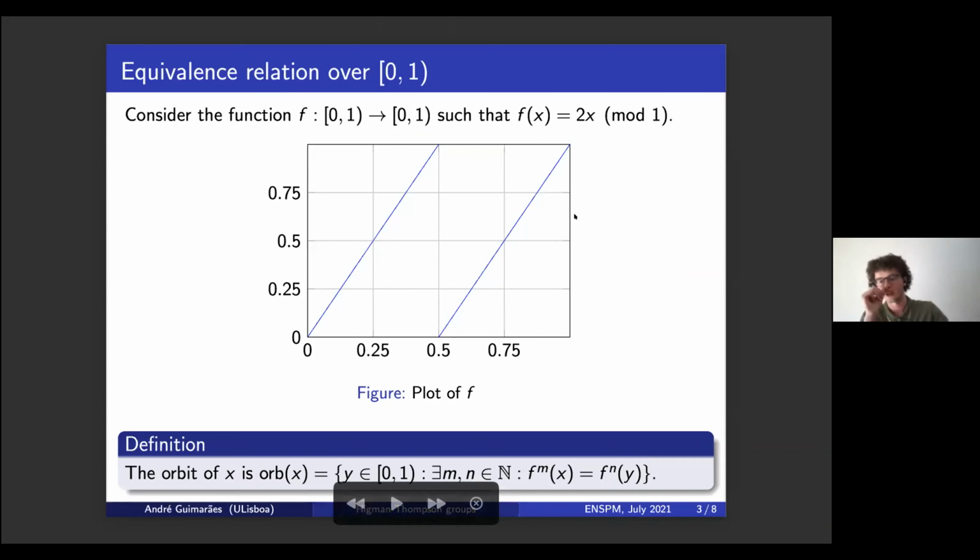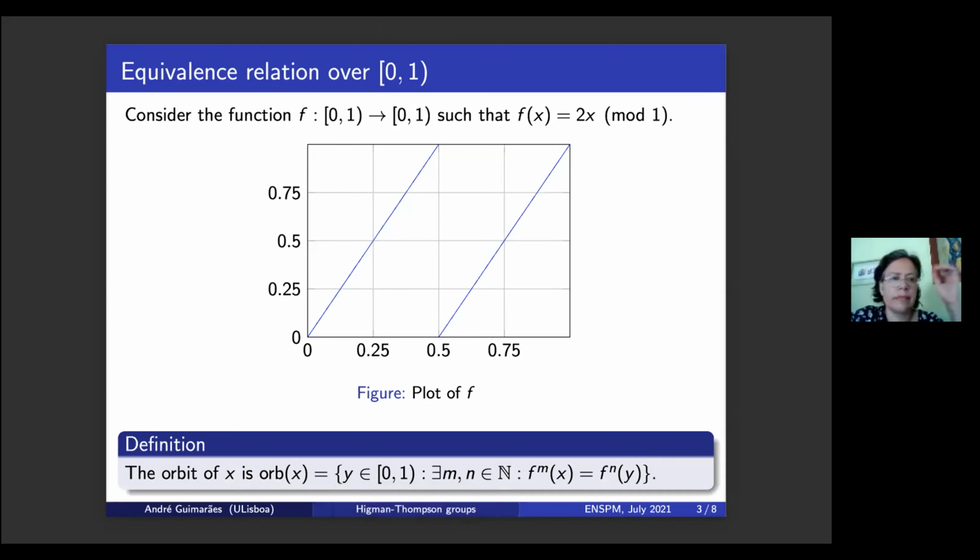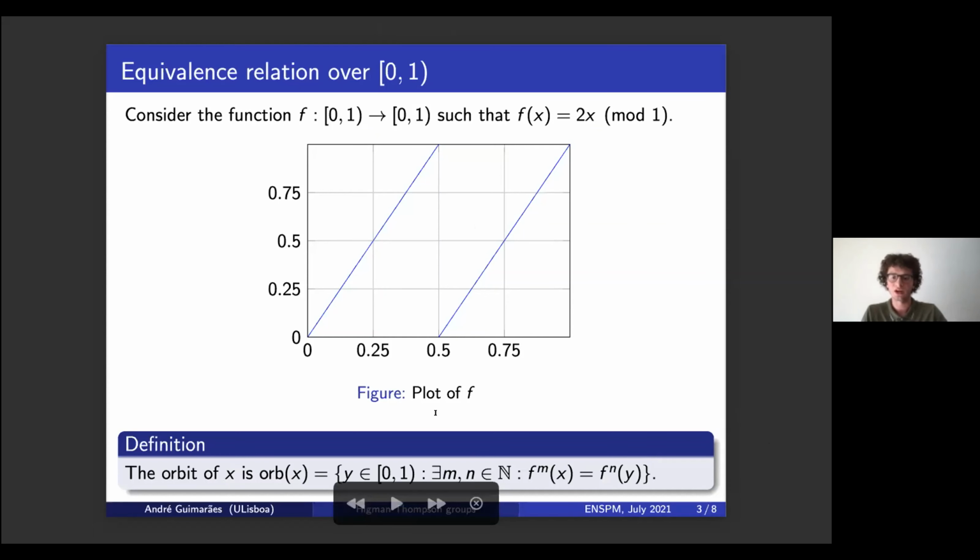And we're going to define a set which we're going to call the orbit of x for every x in the unit interval. We're going to say that an element y is in the orbit of x if I take x and y, and then I can repeatedly apply function f to both of them, not necessarily the same number of times, and eventually I get to the same number, which is precisely what I've written down here. And this is actually where the connection to dynamical systems kicks in.